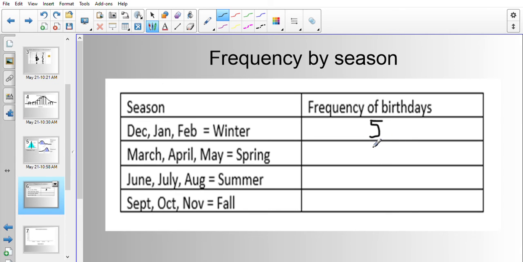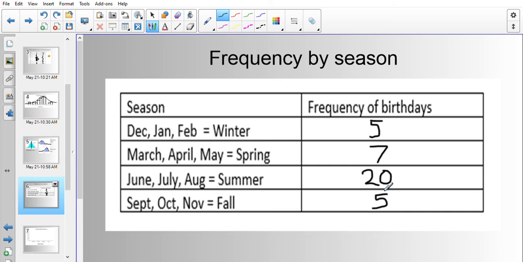So that's a total of 7. June, July, and August, I had 6 in June, 7 in July, 7 in August. So that's 13 plus 7, that's 20, right? And then September, October, November, well, I had 4 in September, 0 in October, and 1 in November. So that's 5.